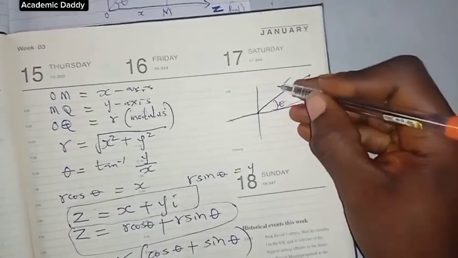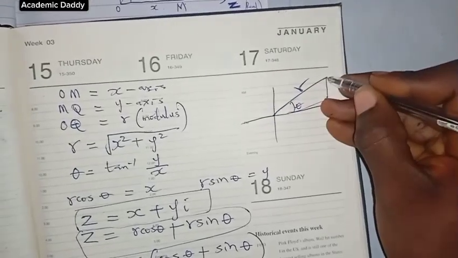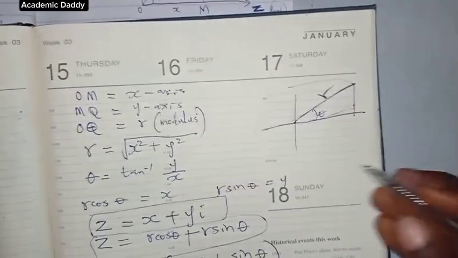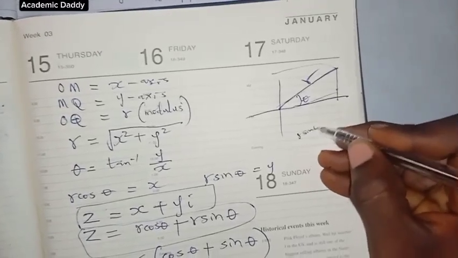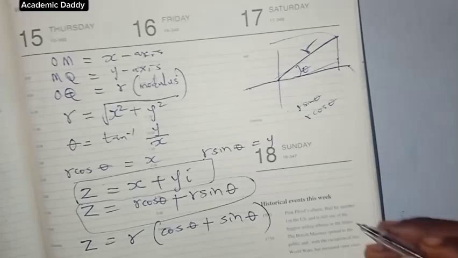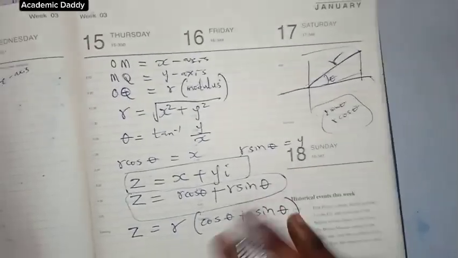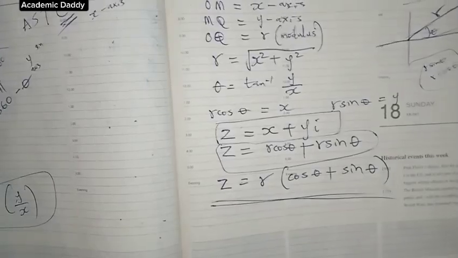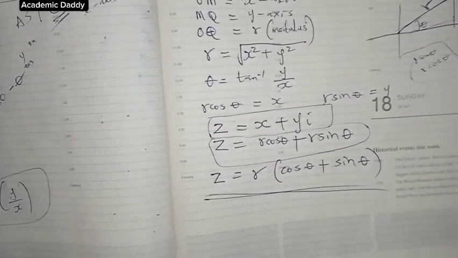If this side is our r, notice that the line we are taking up toward the y-axis becomes r sin theta. If it's coming down, it becomes r cos theta. So that is why the polar form of a complex number is given by r into cos theta plus i sin theta.